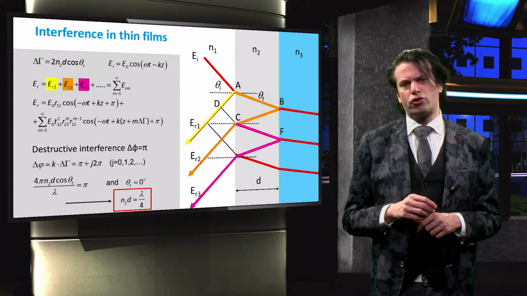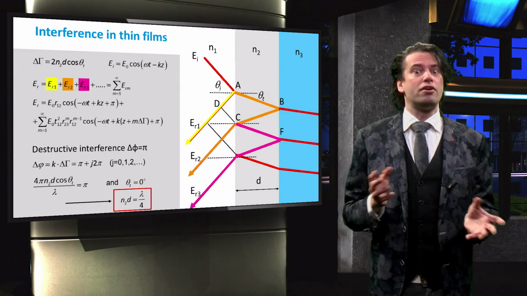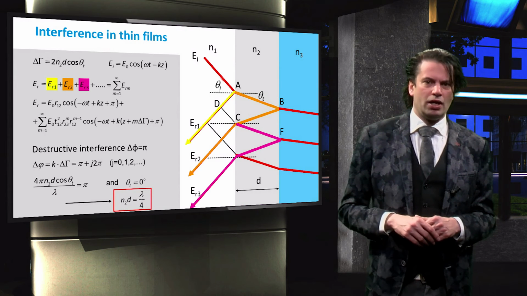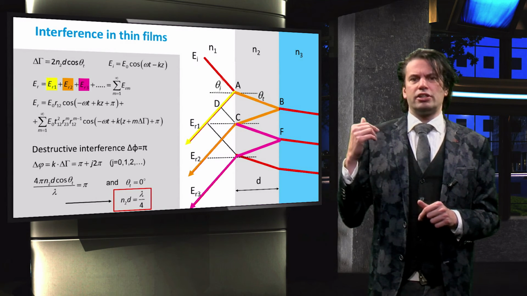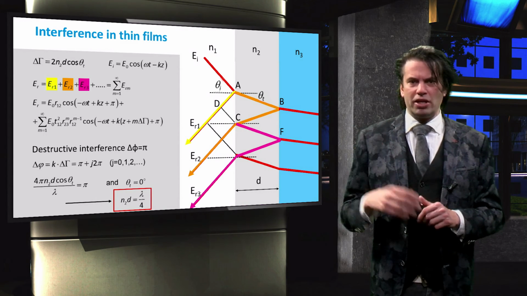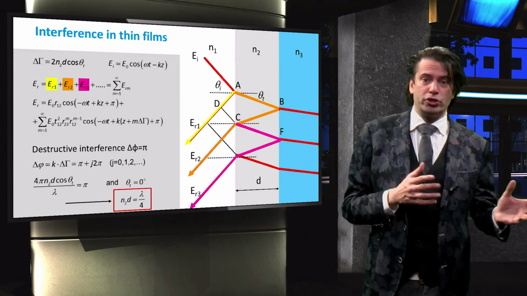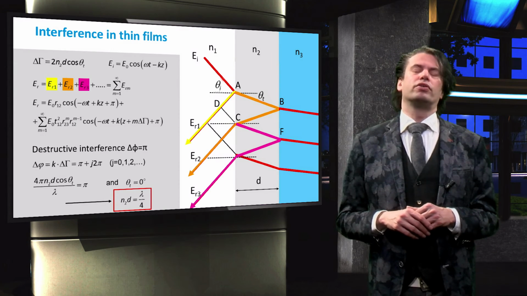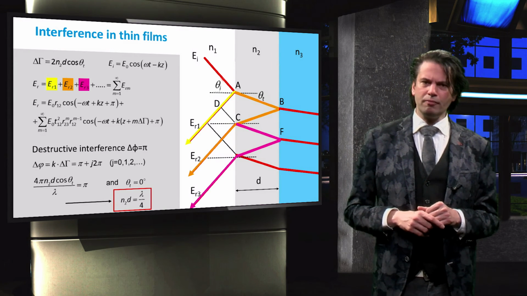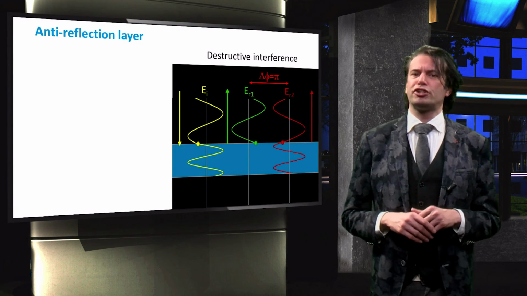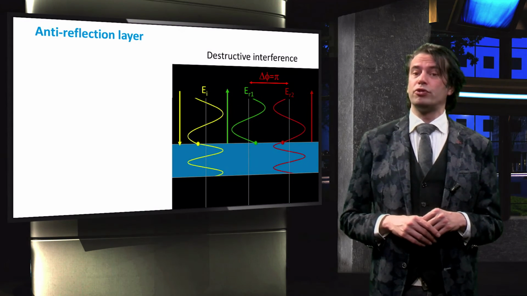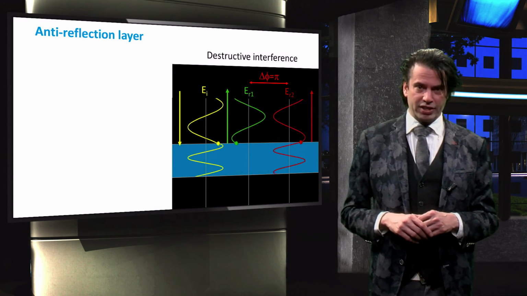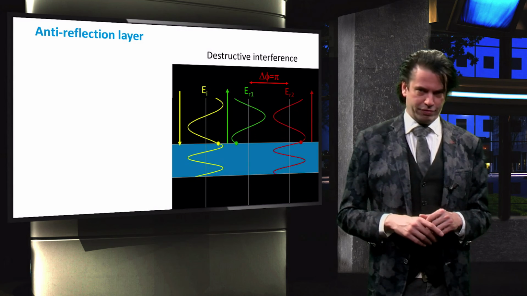Destructive interference occurs at a phase shift of an uneven number of pi's. We can see that for normal incidence a 1 pi phase shift occurs when n times d equals 1/4 of the wavelength. The effect of introducing such a film with the optical thickness equal to 1/4 of the intended wavelength is shown in this figure.